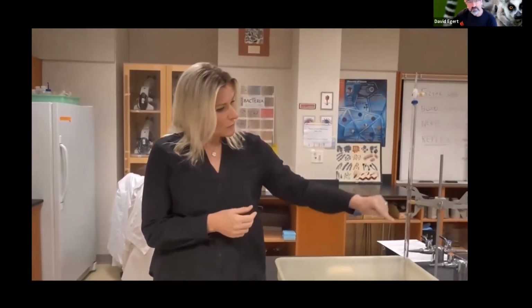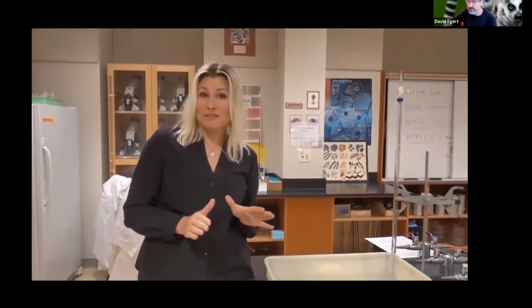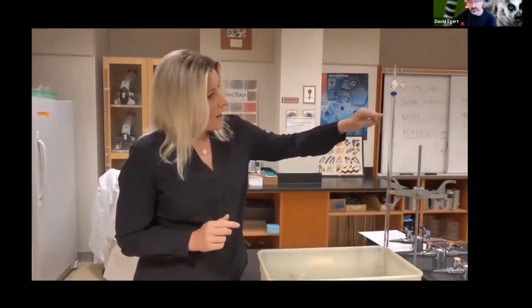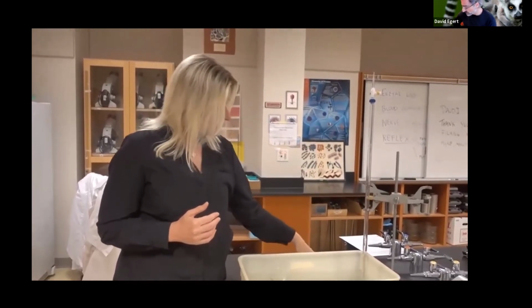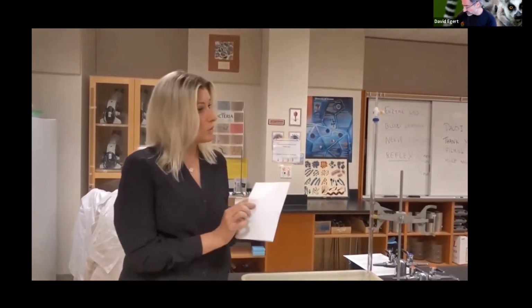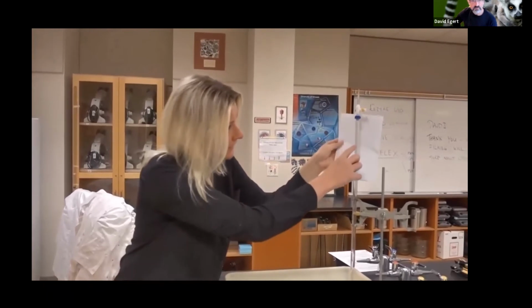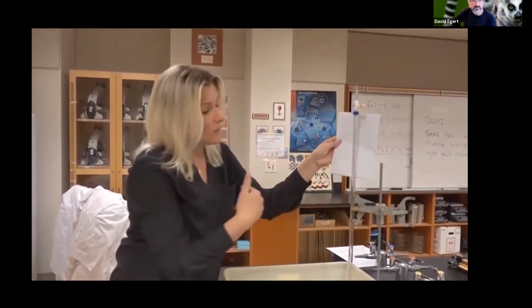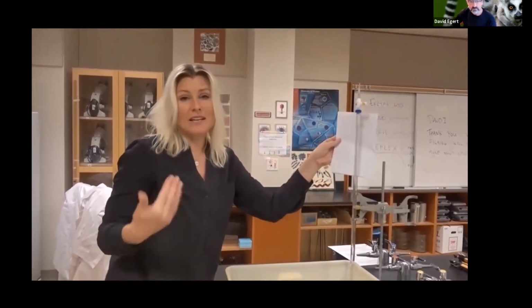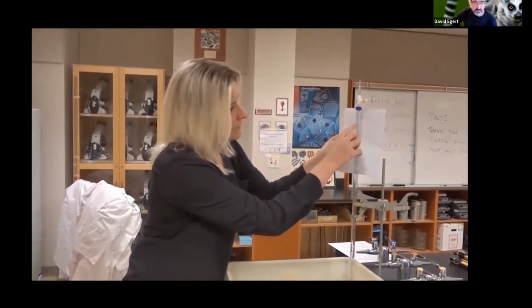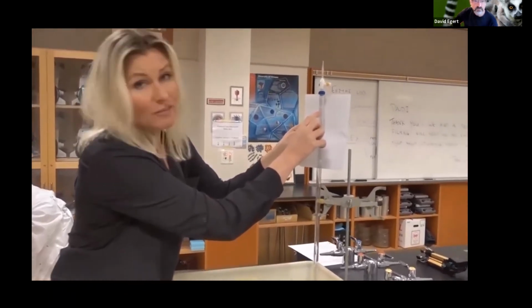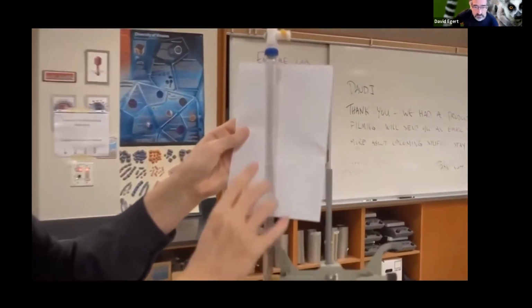Right now it's full with water, and probably the hardest part of this lab is to read this thing upside down. Whoever is going to be the person reading it should probably grab a piece of paper to help see the tick marks. When the timer is yelling out now, the person reading is going to have to orient themselves and see where the level of water is.